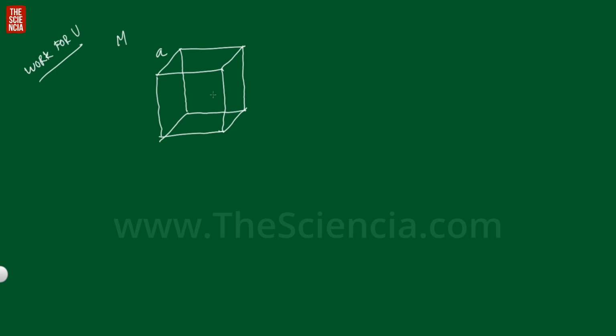Now I am shifting the coordinate to another position. It is the midpoint of this cube. This is my x coordinate, this is my y coordinate, this is my z coordinate, and this is the 0 0 0 point. Now find the moment of inertia tensor and find out its principal moment of inertia.